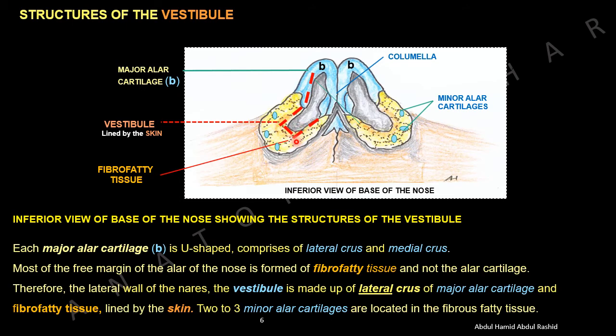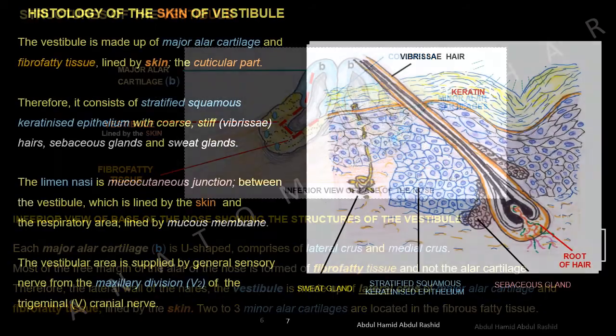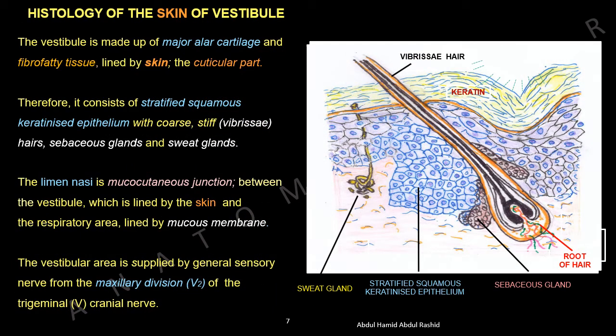Two to three minor alar cartilages are located in the fibrofatty tissue. Histology of the skin of the very first part, the vestibule. The vestibule is made up of major alar cartilage and fibrofatty tissue and lined by the skin, the cuticular part.